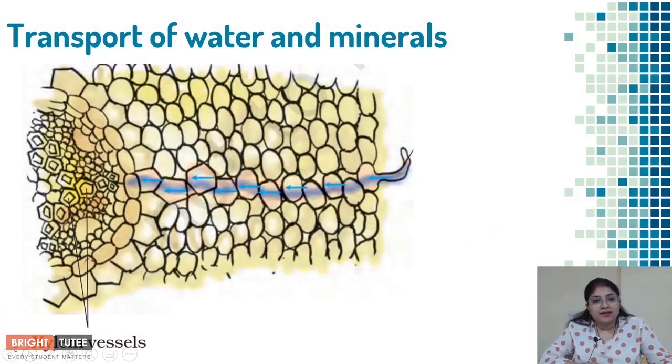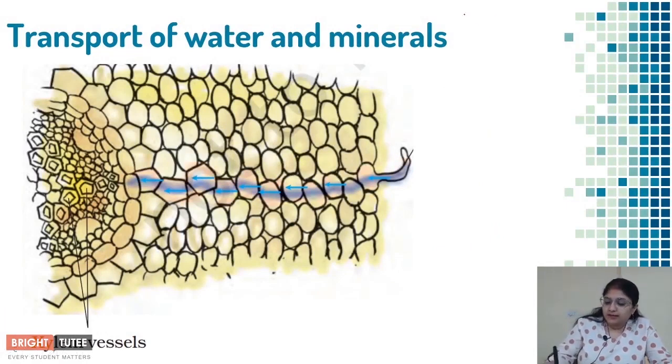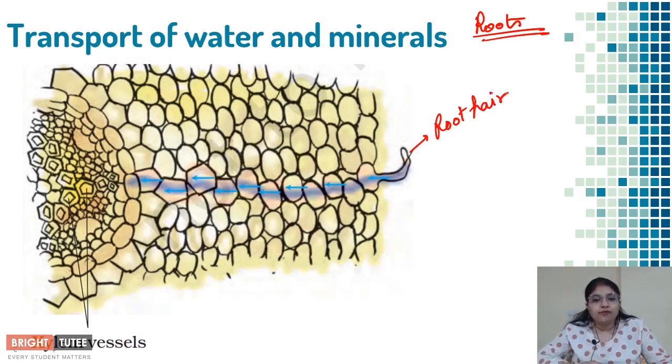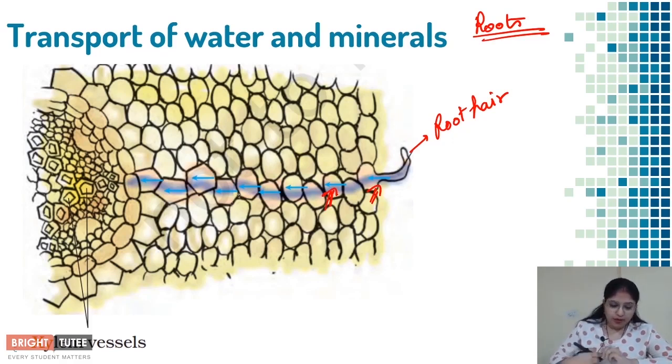First of all, let's understand the transport of water and minerals. For this transport, we know that it starts from the roots. What happens exactly is that this is a root here which absorbs water from its surroundings. So, water and minerals are absorbed from the surroundings, and as you can see, if you follow these blue arrows, you will be able to see how this water is transported, right?